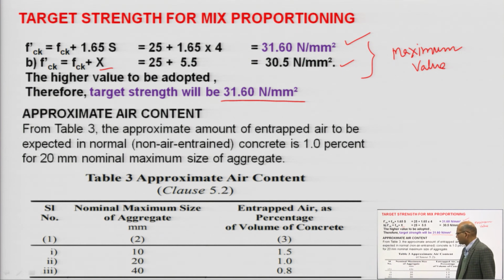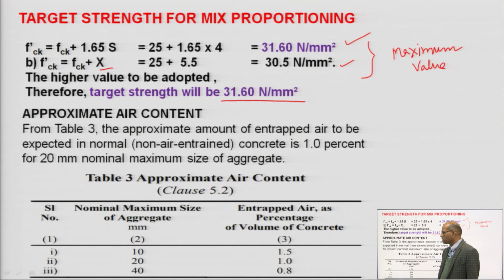31.60. Now the approximate air content. Whatever means you adopt, there will always be entrapped air. How much will the air content be? That depends on the size of the aggregate, whether it is 10 mm down aggregate, 20 mm down aggregate or 40 mm down aggregate; the amount of air content in the concrete will change.